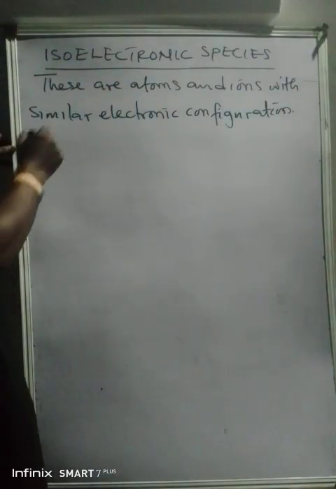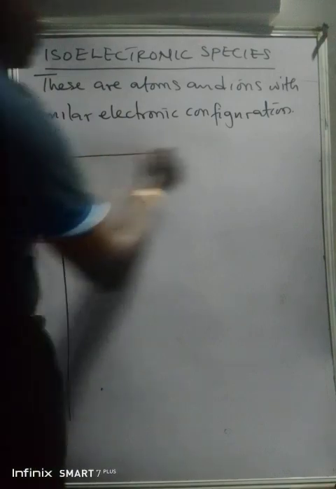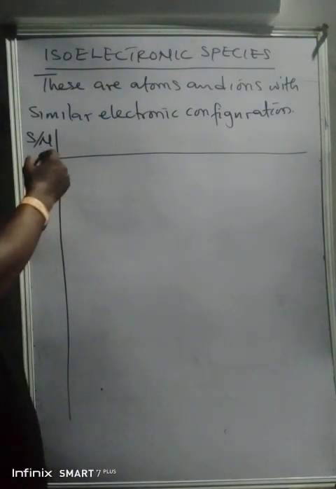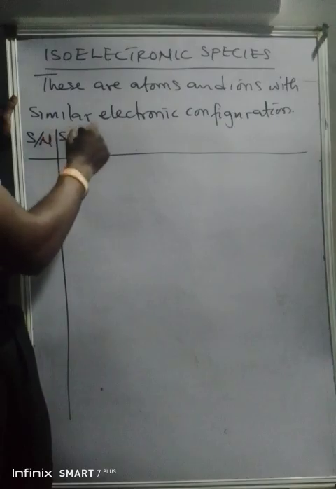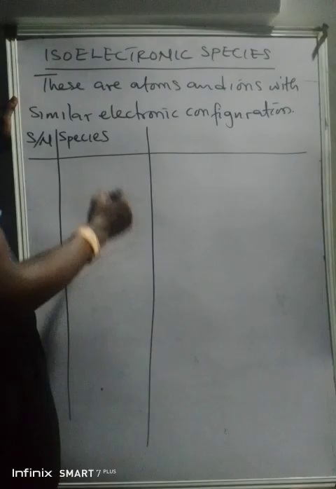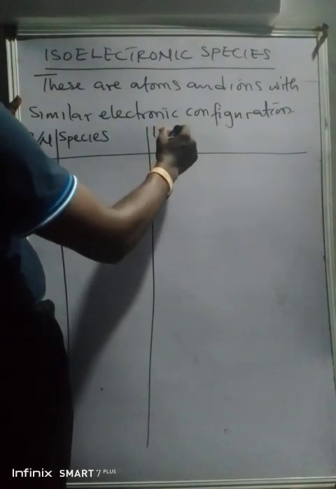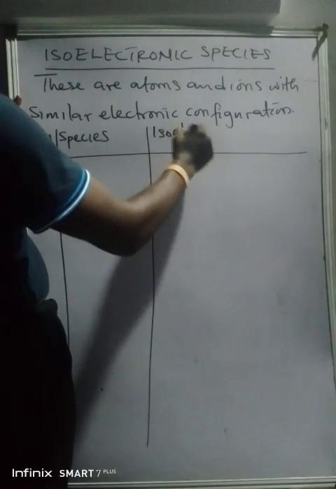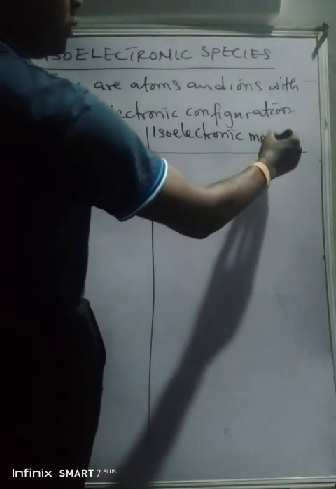Let's look at examples of isoelectronic species, the members.